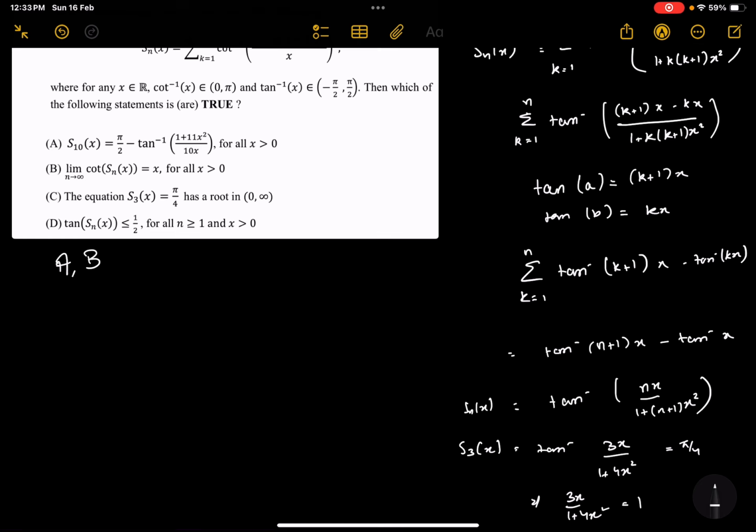So quickly we will see if this has a root. This is 4x square minus 3x plus 1 equals 0. So the discriminant, whatever the D is, this is b square minus 4ac, which is less than 0, so there is no real root for this one. So C option is incorrect.